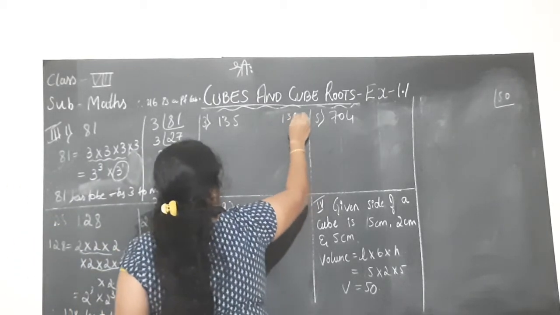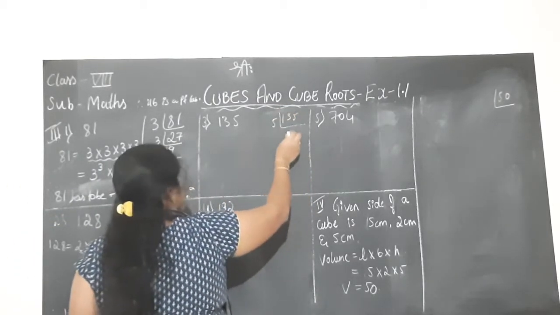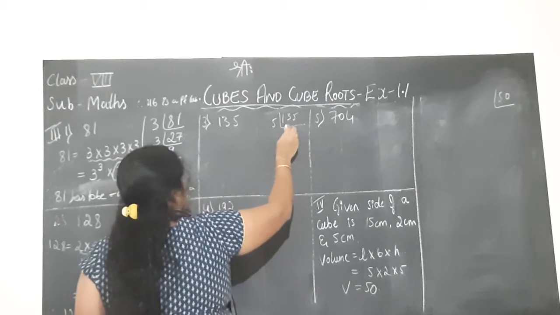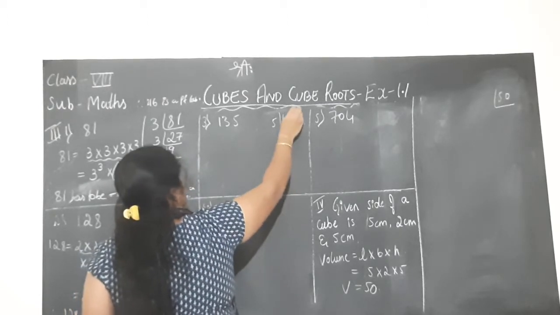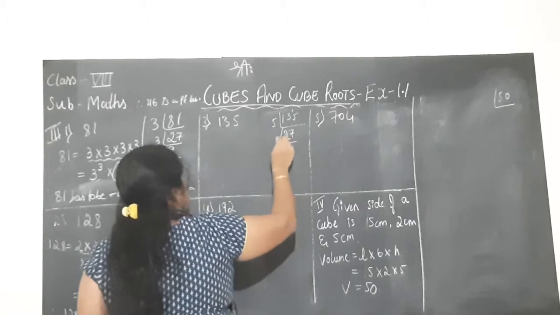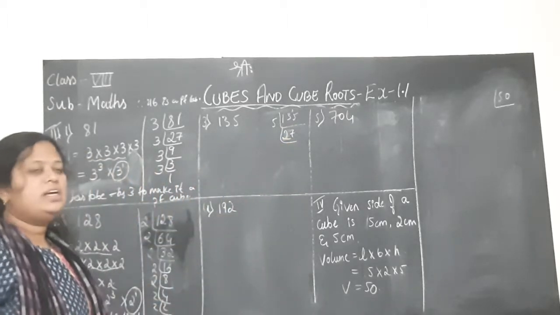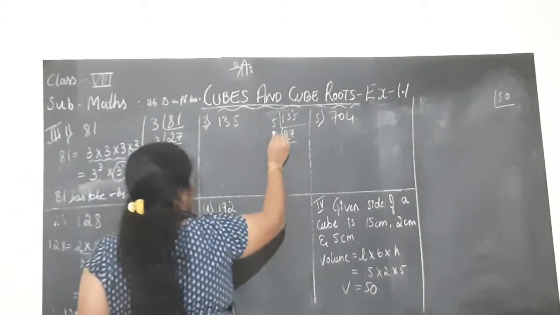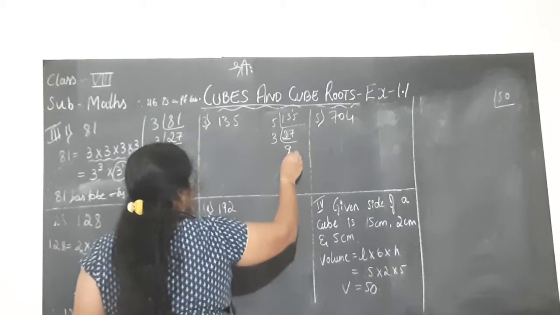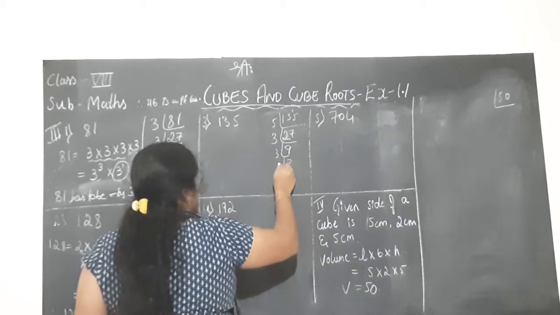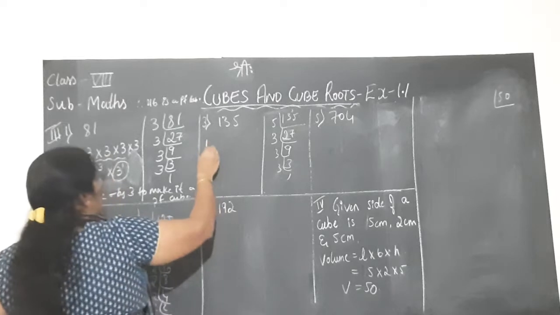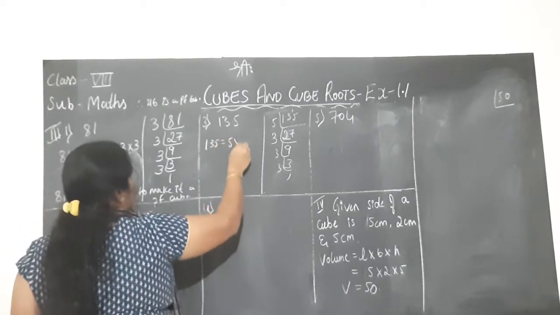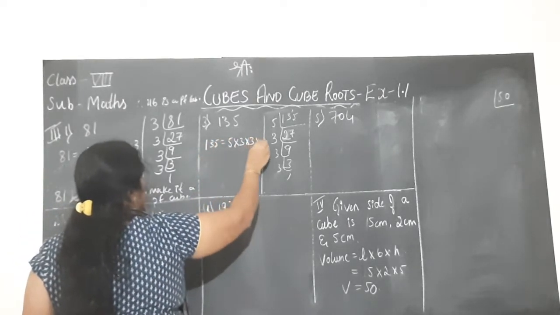Next is 135. Since 5 is in the units place, I'll start with table 5. 13, 5 2s are 10, 3 remaining, 5 7s are 35. Since I got 27, I will start with table 3. 27 is a perfect cube, you already know. So 3 1s are 3, and I got 135 is equal to 5 into 3 into 3 into 3.